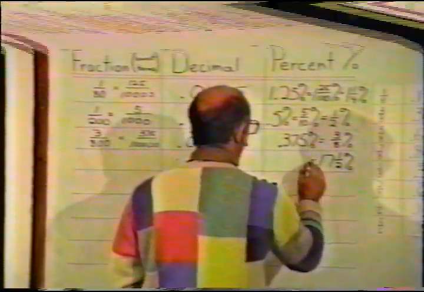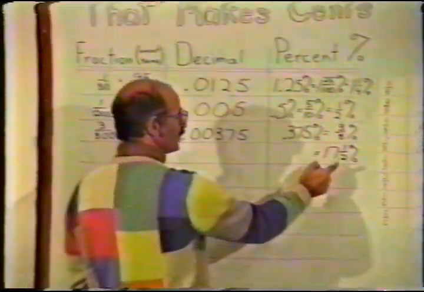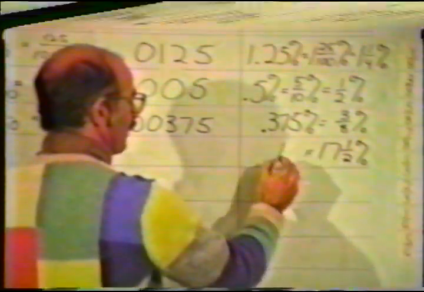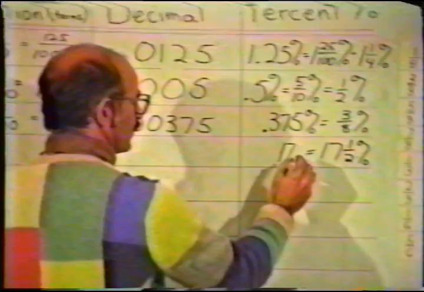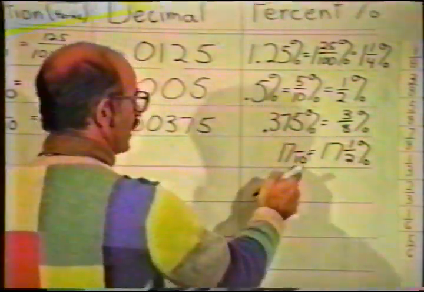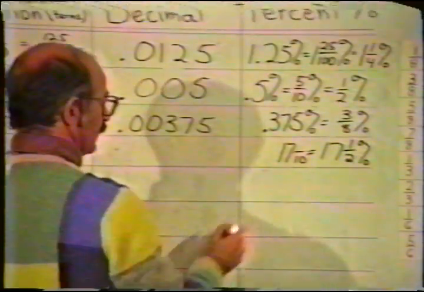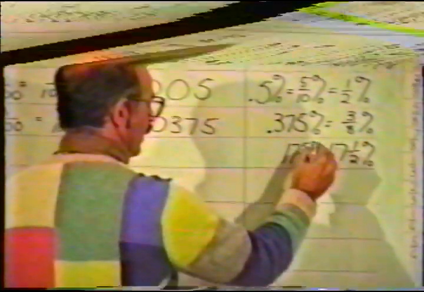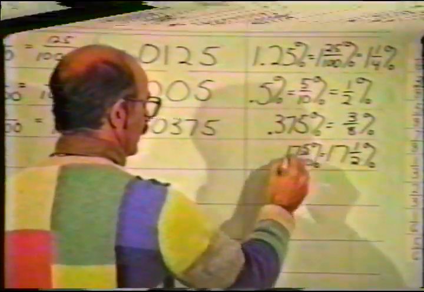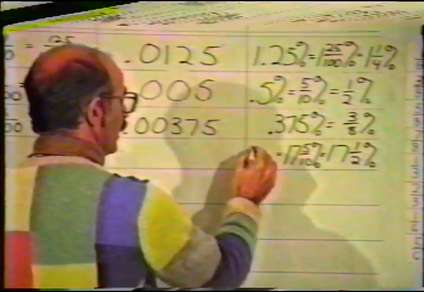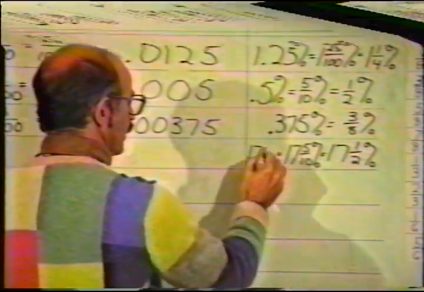17 and 1/2%. Well, let's change it so that the 1/2 is a fraction that we can use with 10 on the bottom. 1/2 is how many tenths? 5. And we must not forget that it's still a percent. 17.5%, and we can write it like this.